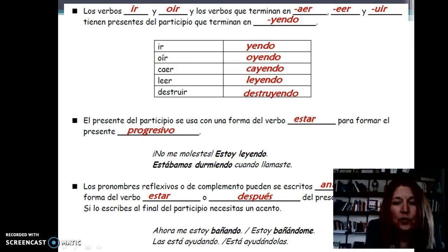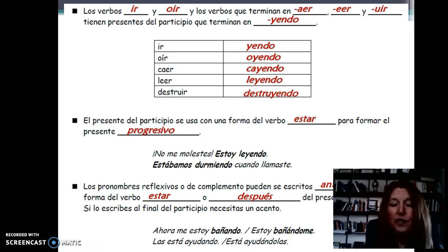So if you choose to do that, si lo escribes al final del participio, necesitas un acento. So some people don't like to deal with accents, so they just prefer to put it right before the verb estar. Let's look at some examples. Ahora me estoy bañando. This is an example of putting the pronoun before the verb estar. Or you could say, estoy bañándome, and attach to the present participle.